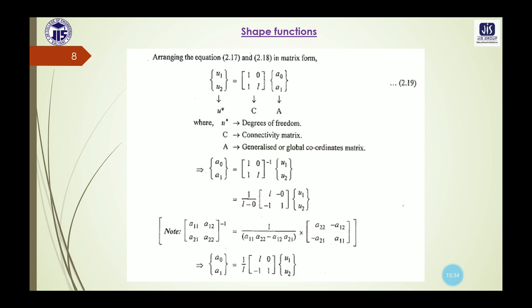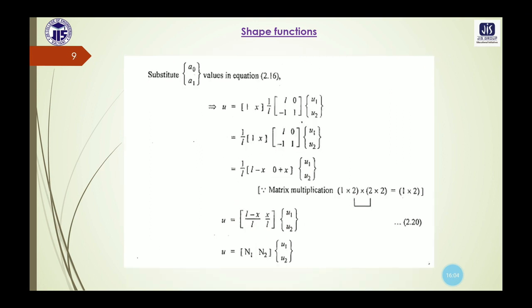Now we need to do the matrix inverse of this matrix [1 0; 1 L]. If we do this, we get the last step of this slide, that is [a0 a1], the generalized or global coordinate matrix, equals 1 by L times [L 0; -1 1], then multiplied by [u1 u2]. This is after the matrix inverse.